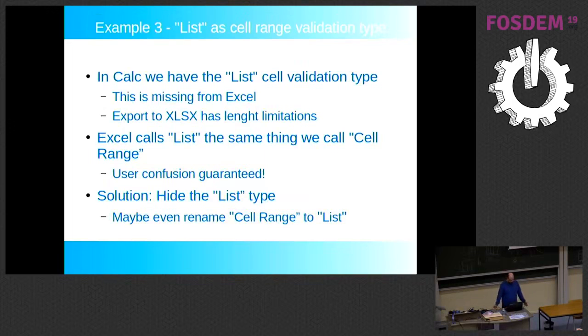But what would happen if we would just hide the list type that has a different meaning and a different behavior as well? Maybe we could even rename this cell range, depending on this configuration key, to list. So users with a mixed Office environment would be less confused.